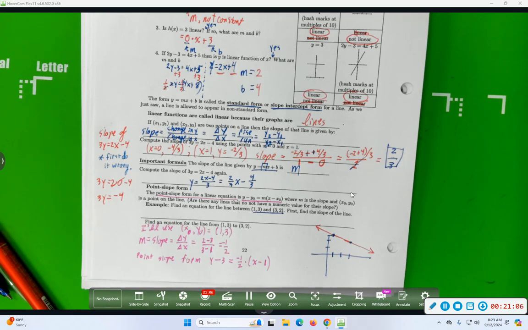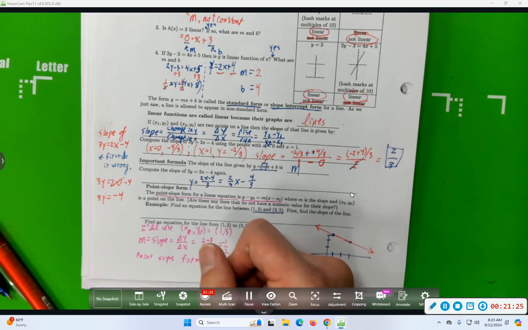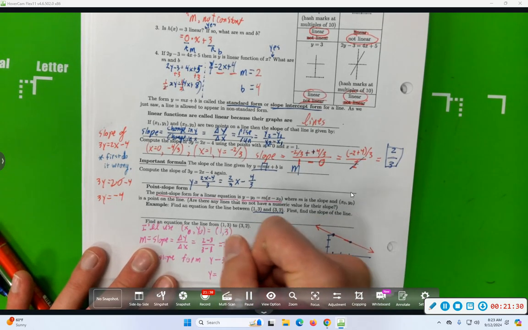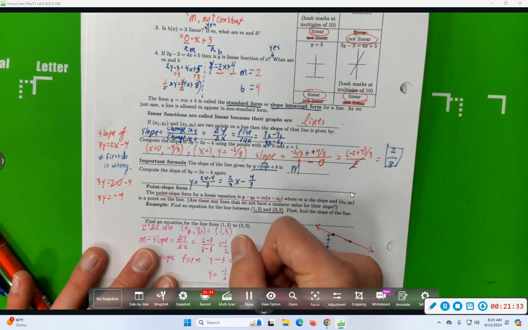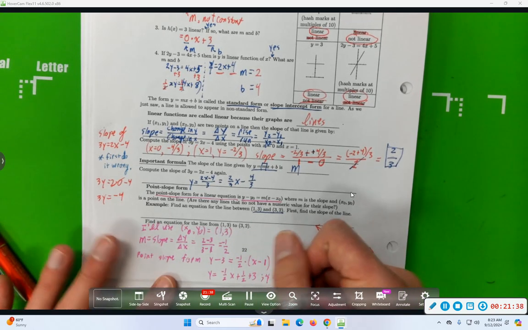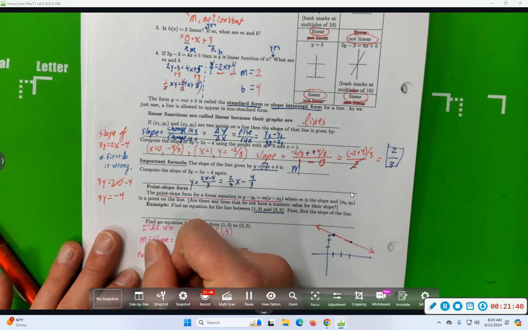What if I wanted this also in slope-intercept form? So I wanted just y on its own. What would you need to do? Yeah, subtract that 3 to the other side. Maybe also distribute that 1/2. So I just want the m next to the x. That's not so hard to do. That'll give me y equals negative 1/2 x plus 1/2 plus 3.